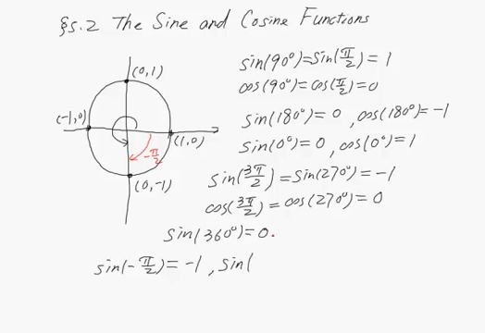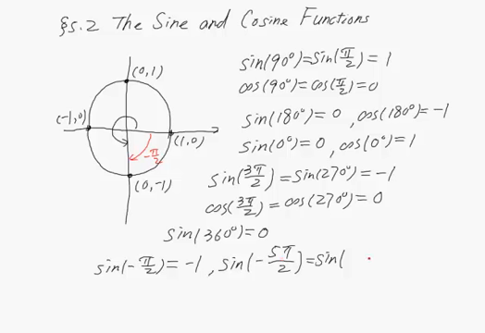Then how about the sine of negative 5 pi over 2? If you cannot immediately see the result, you may first rewrite this angle as a multiple of 2 pi plus another angle, which is between 0 and 2 pi.